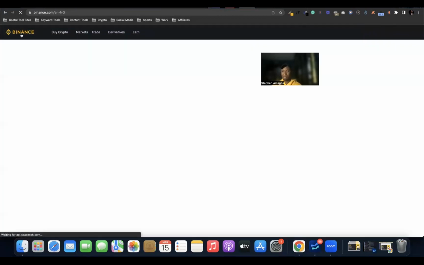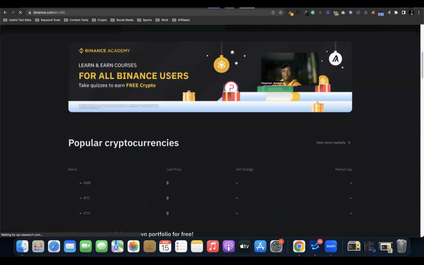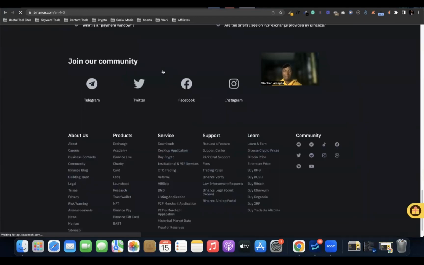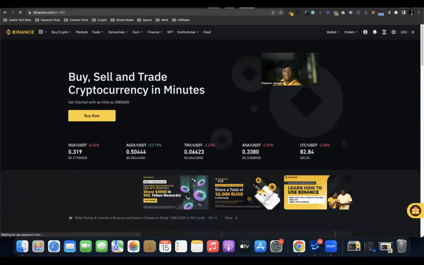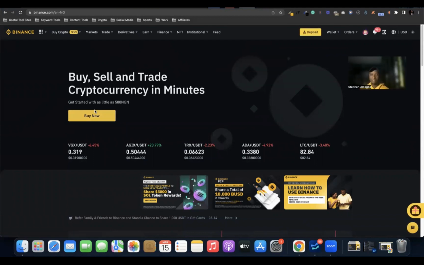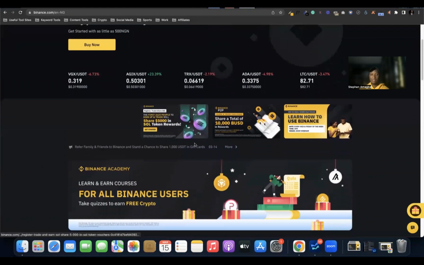Let's talk about what's going on on the other side of the page. You can see here a big buy button to direct you to the best option for buying cryptocurrency with your fiat currency. Here also is where you have announcements and active campaigns.